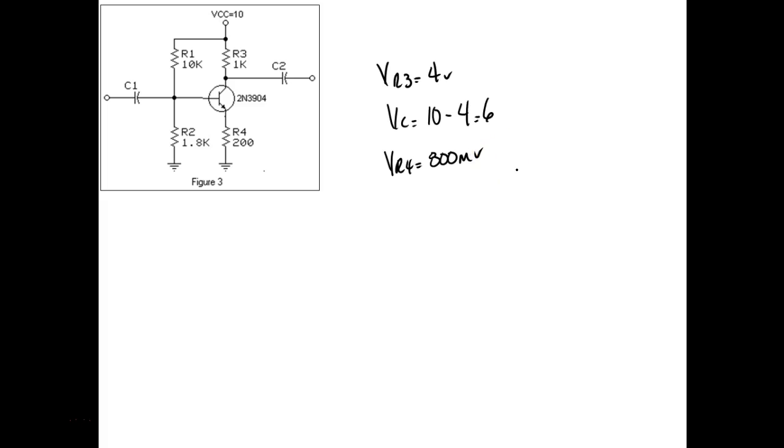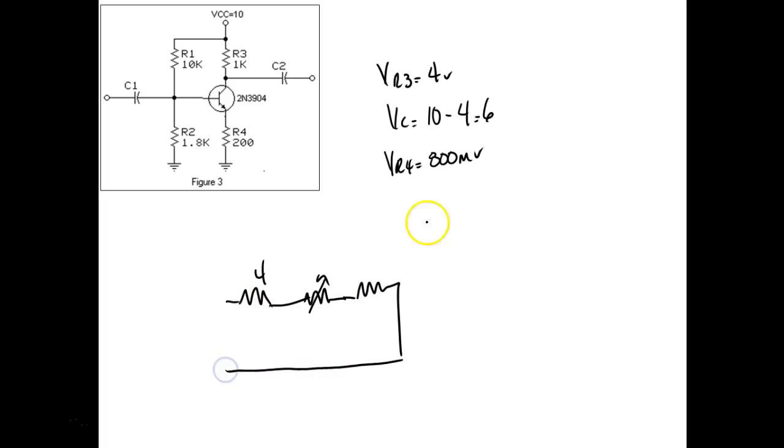So that's why I wrote down the 4, and then I got totally confused. This guy's dropping 4 volts. This guy we don't know. This guy is dropping 800 millivolts. So we just got ourselves confused.